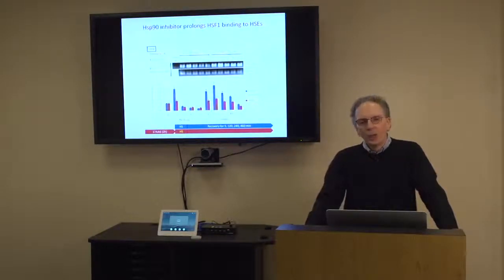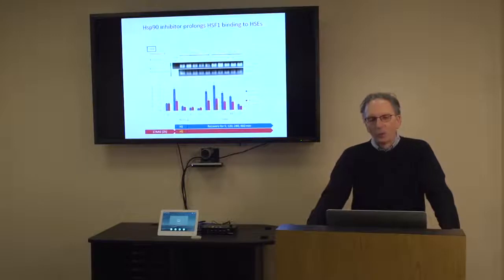To examine this hypothesis, we did an HSF1 chromatin immunoprecipitation assay, shown here, and we looked at HSF1 binding to both the HSP70 promoter as well as the HSP90 promoter, two genes that are regulated by HSF1.